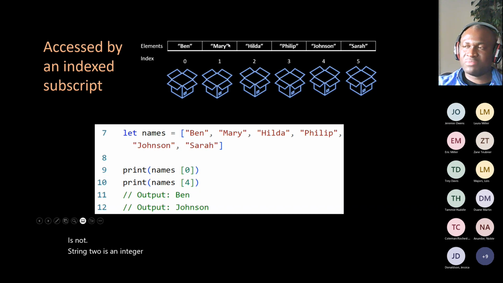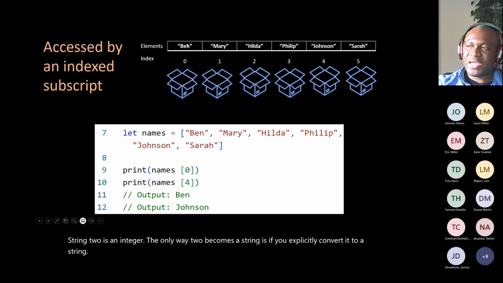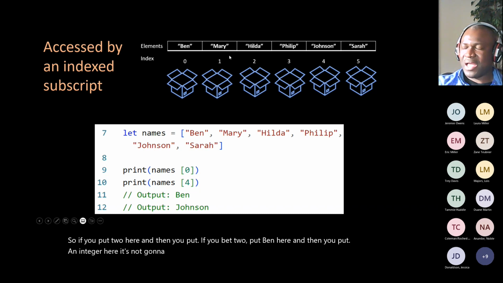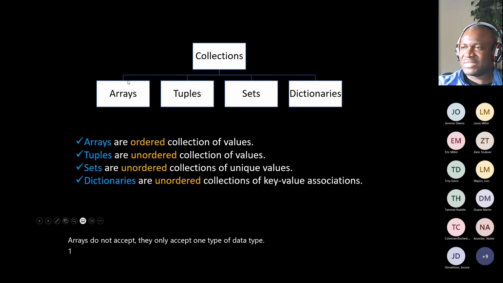The only way 2 becomes a string is if you explicitly convert it to a string. So if you put Ben here and then you put an integer here, it's not going to work, because arrays only accept one data type, right? That's the thing with arrays.